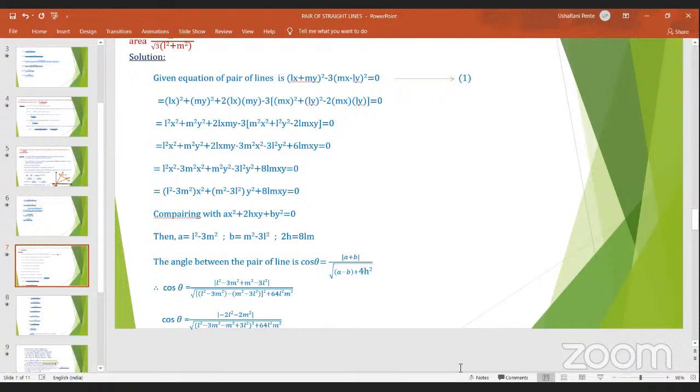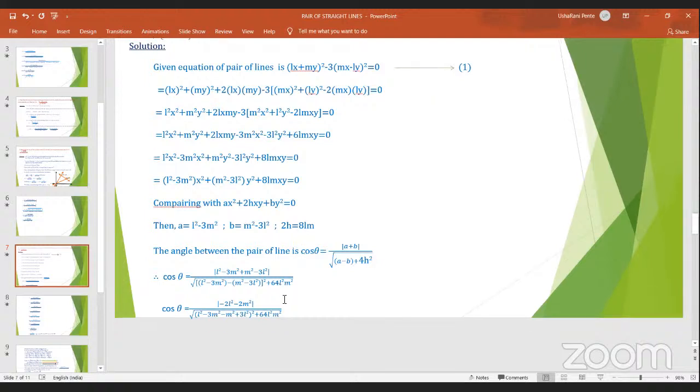Therefore, cos theta is equal to what? In place of a, we have l square minus 3m square plus b, which is m square minus 3l square, by under root of, in place of a, we have l square minus 3m square minus b, b is m square minus 3l square, whole square plus 4h square, that is 2h whole square. Here 2h is 8lm, whole square, which is 64 l square m square.